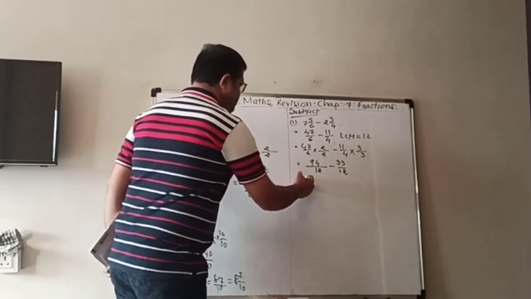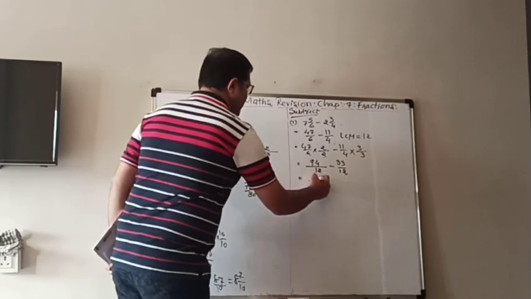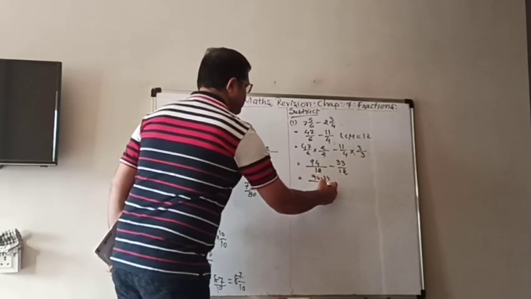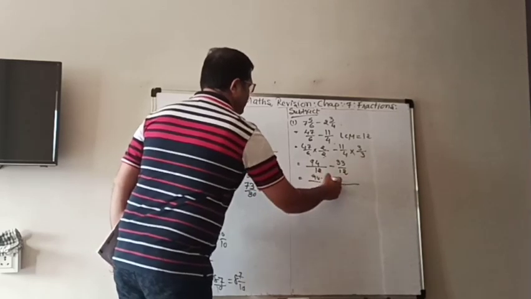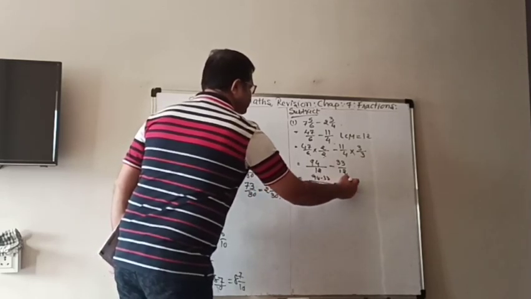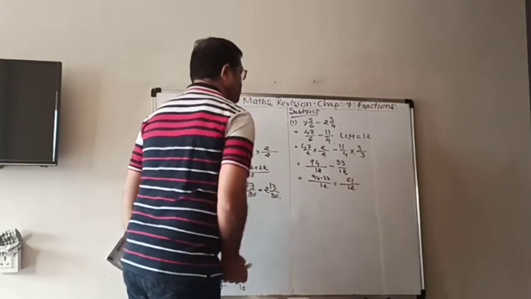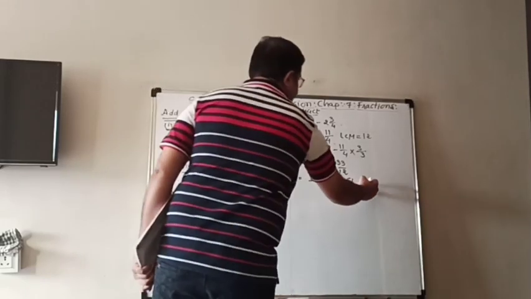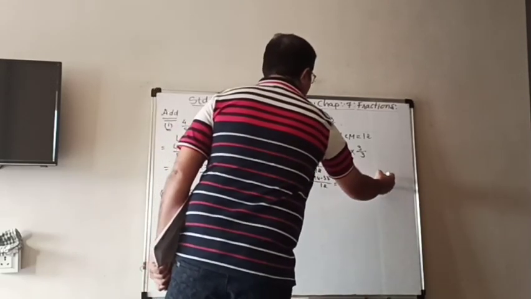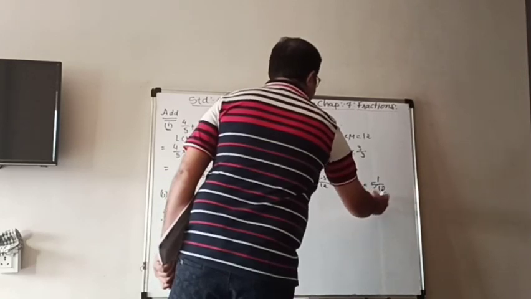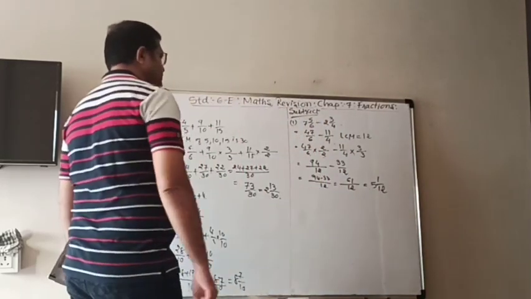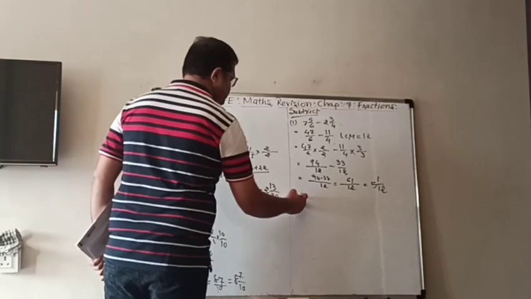So now subtraction. 94 minus 33. 4 minus 3, 1. 9 minus 3, 6. So 12 5s are 60. 1 remainder. So 5 integer 1 upon 12.